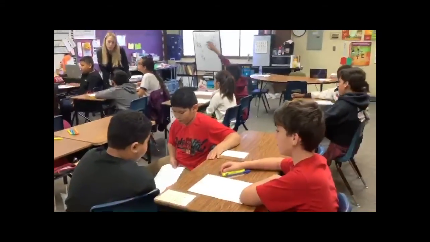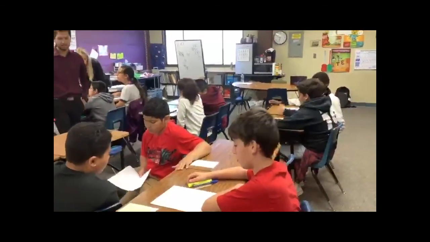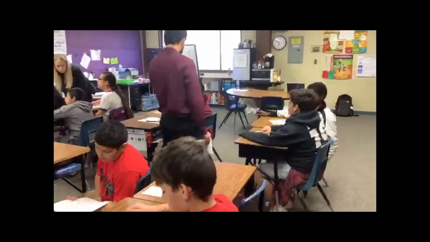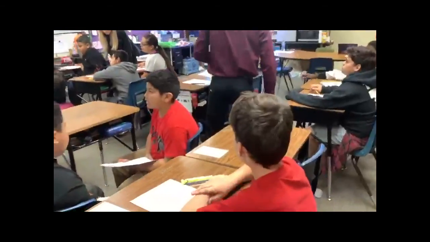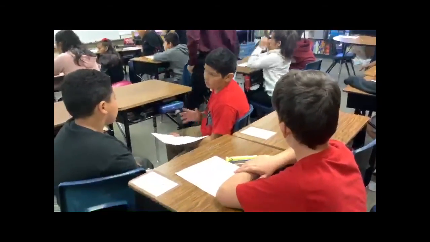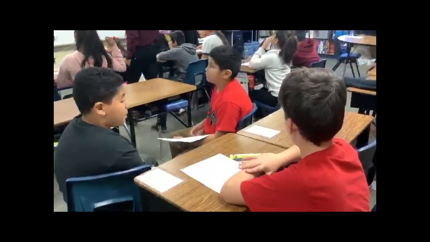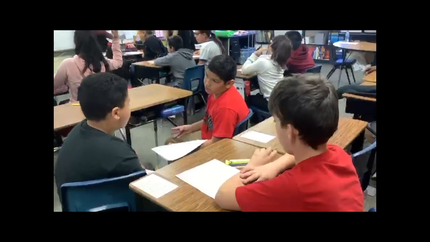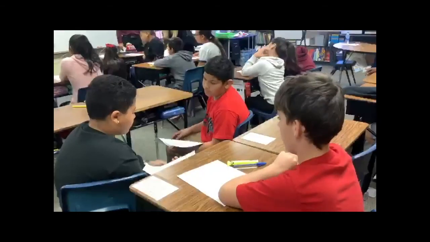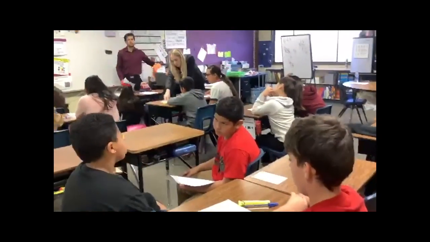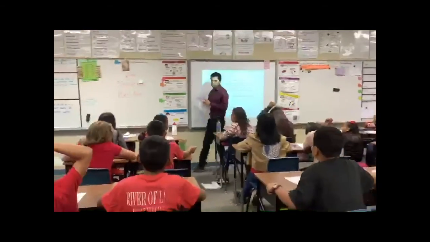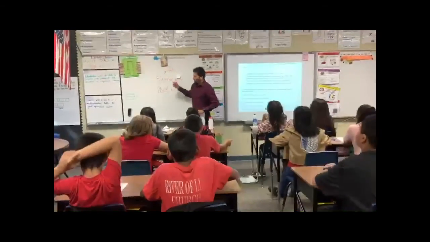I'll be walking around and seeing you and your partner discuss. I think it would be like one or two, like one person. Alright, so plural. This is a little more challenging, but what did you come up with?